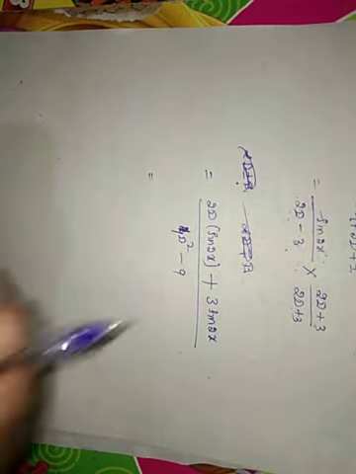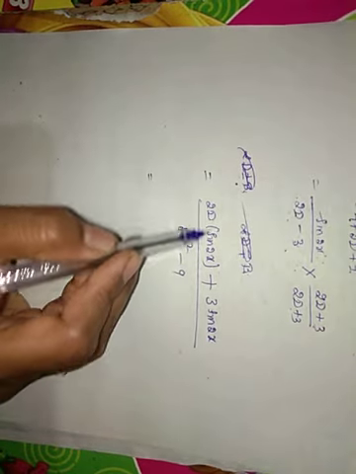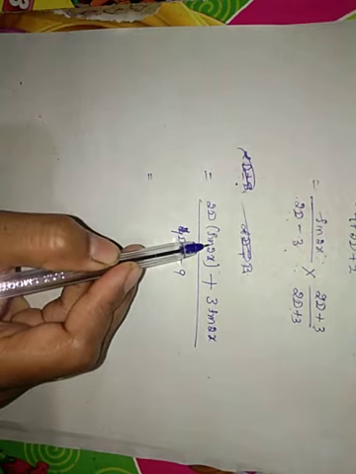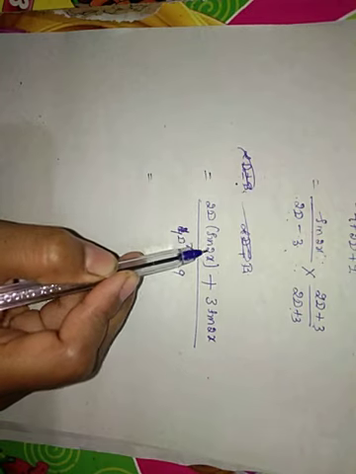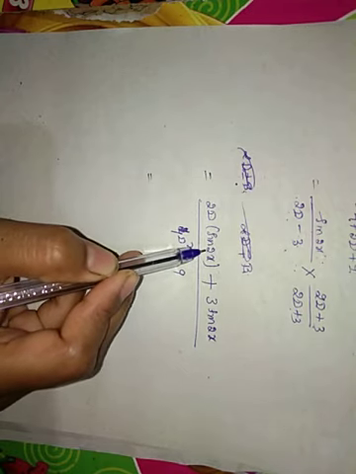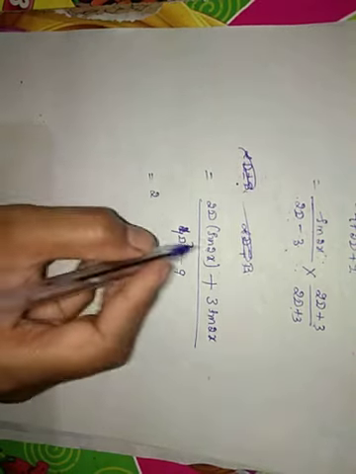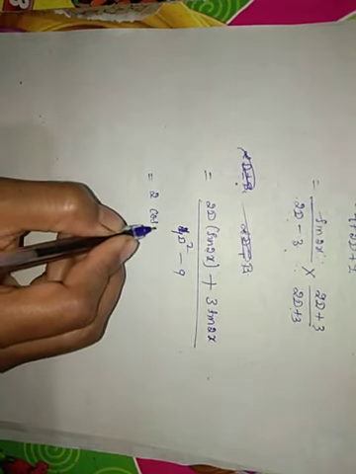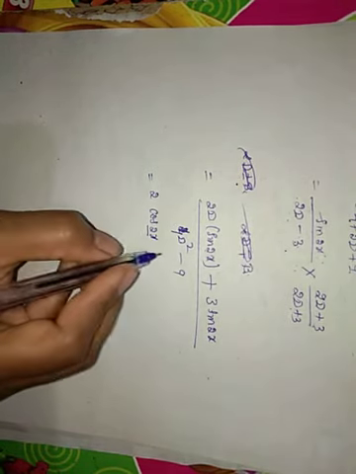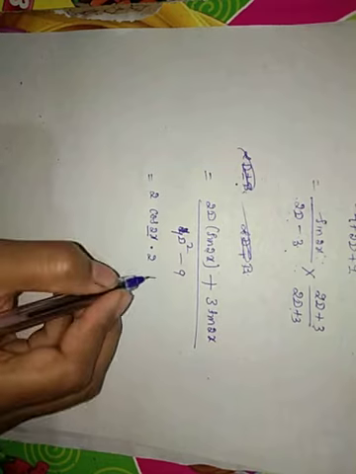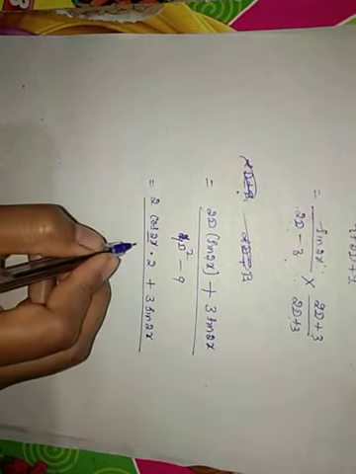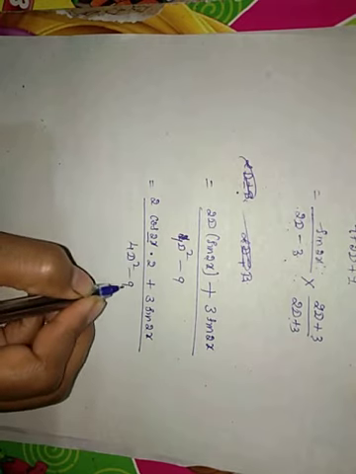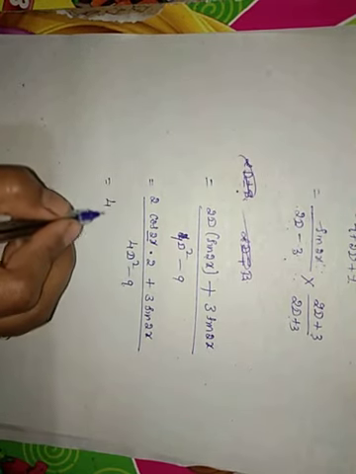Now 2 into the derivative of sin, D is nothing but the derivative. 2 into the derivative of sin is cos 2x, into the derivative of 2x which is 2, plus 3 sin 2x, divided by 4D square minus 9.